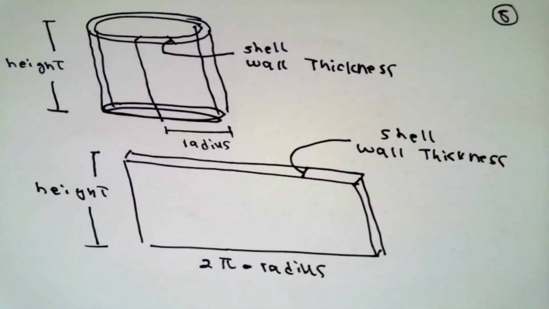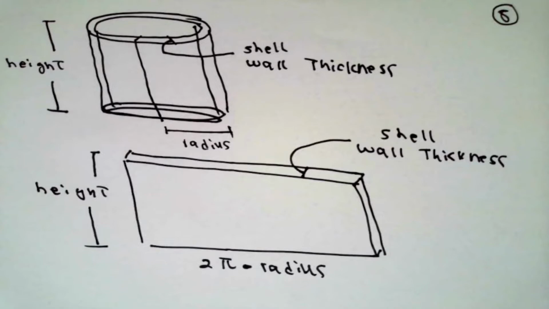This is roughly a rectangular box. One dimension is 2 pi times the radius of the shell, another is the height of the shell, and the third dimension is the shell wall thickness. Purists will object and say that the distance around on the inside is less than the distance around the outside.